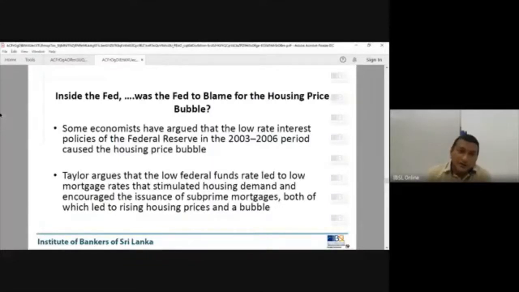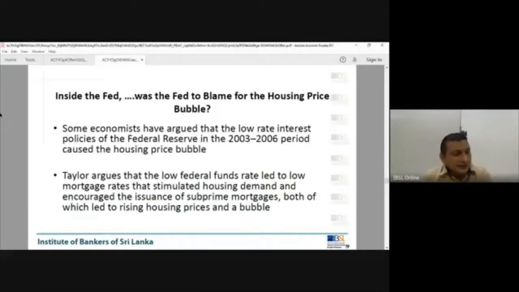So the cost of financing was kept at low levels by policy authorities, was the argument here. Then Taylor argues that, this is Mishkin's book that we are referring to, you probably read and you can see here.